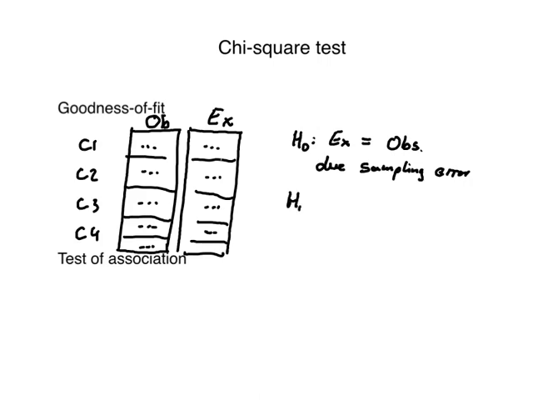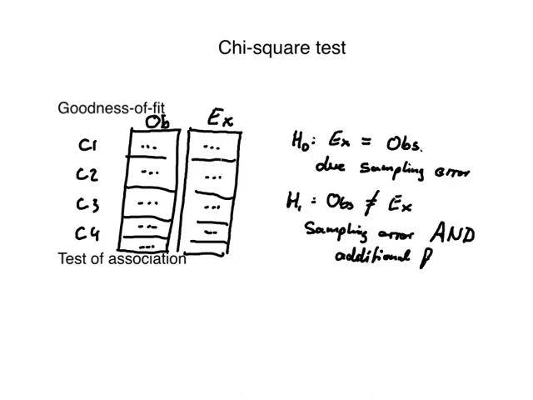The H1, the alternative hypothesis, I'll write it the other way around: observed is not equal to the expected data, and what we see is sampling error and additional factors. And of course we could, if we so want, also formulate alternative hypotheses, but it's not very common to do that.